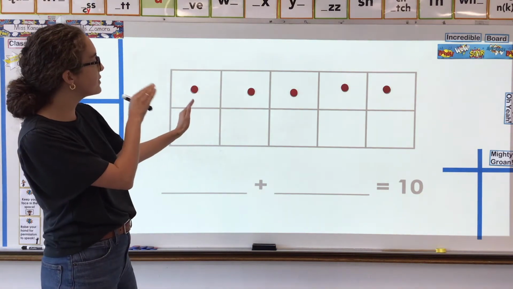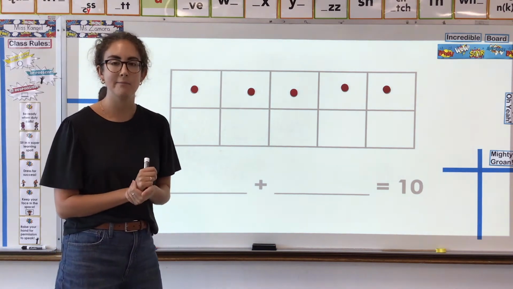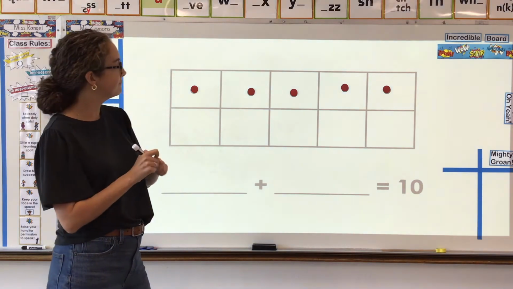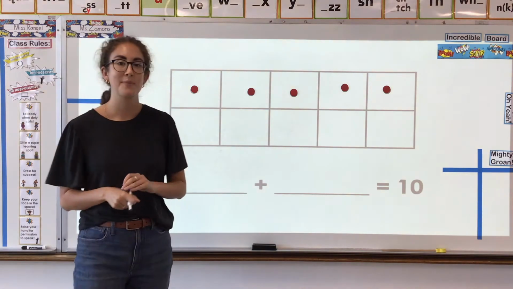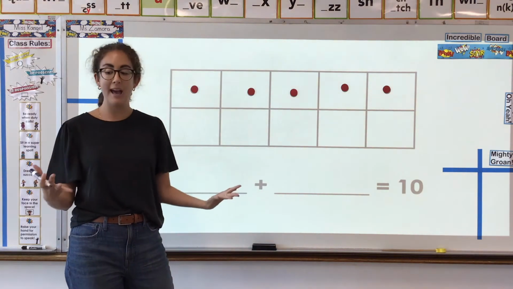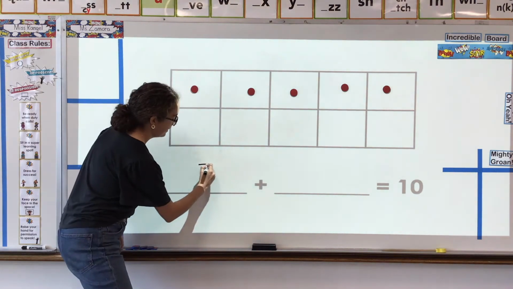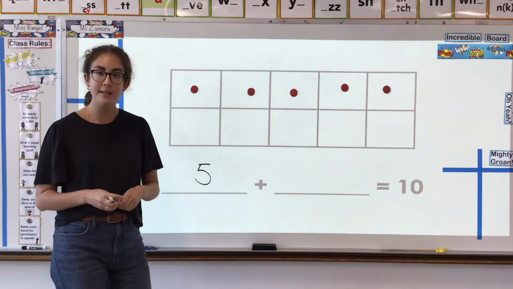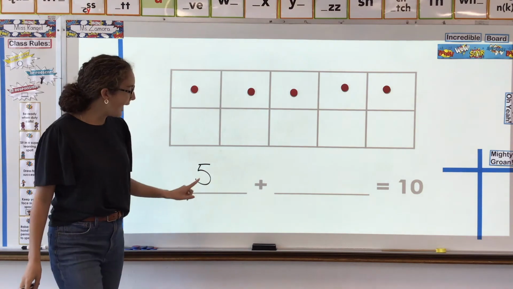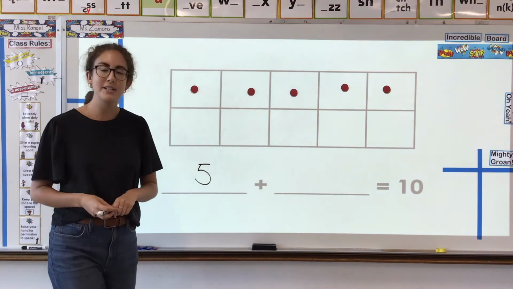How many dots do I see? We see half the 10 frame filled up, so we have 5 dots. Remember, that's our first part of our pair and the first part of our addition sentence.